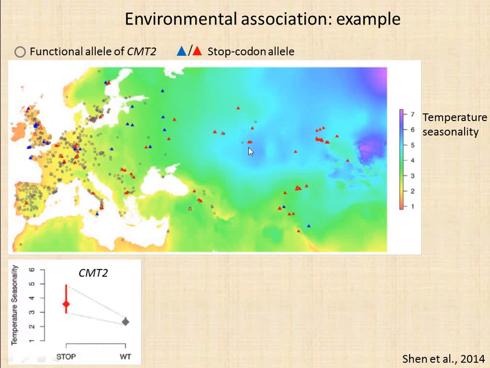And now that they found this allele, if they plot the temperature seasonality versus the type of allele, either stop codon or functional, they do find this relationship. So accessions living in higher temperature seasonality most of the time have this stop codon and vice versa. So this is one other way to do it.